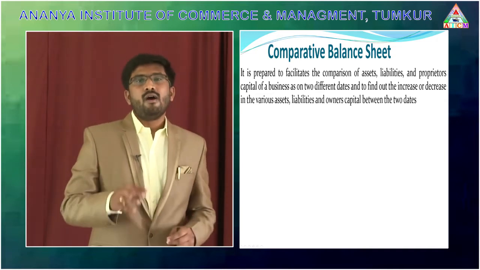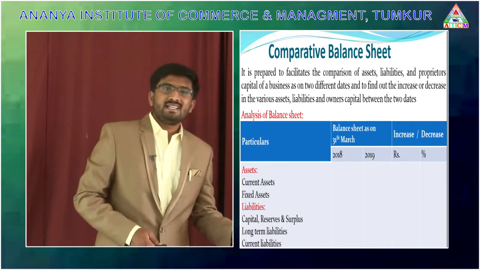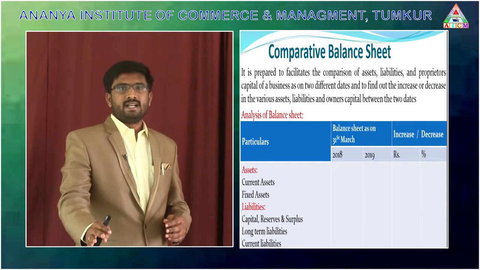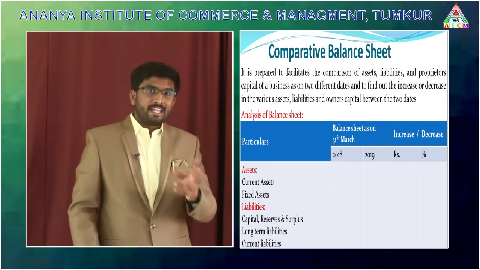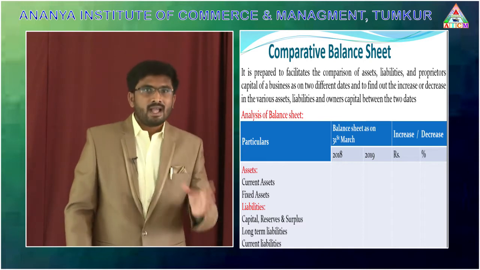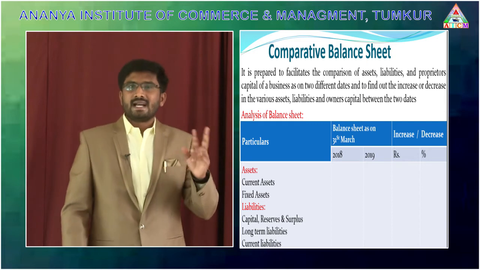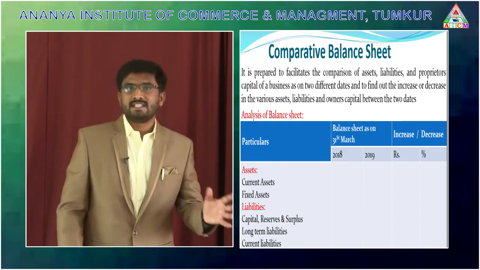Then the question is, how will we do that? This will be done by analyzing and interpreting the balance sheet data. In order to analyze, the balance sheet data are again subdivided into 5 heads. The asset side is classified into 2: one is current assets and another is fixed assets.